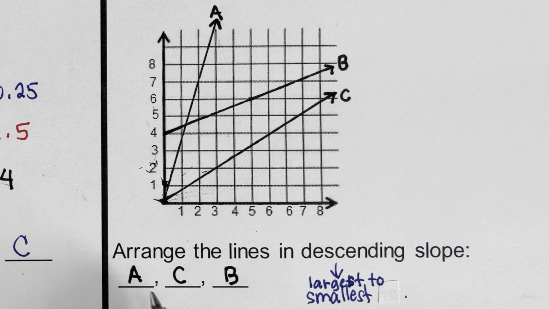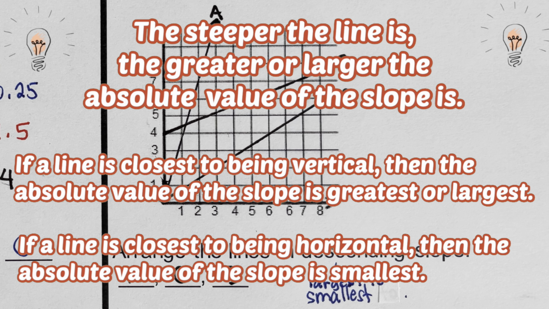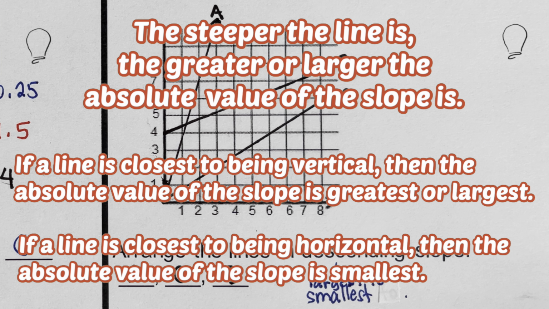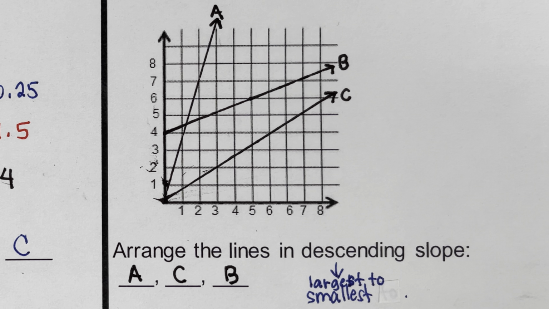Again, we got these answers based on the idea that the steeper the line is, the larger the absolute value of the slope, which means that if a line is closest to being vertical, then the absolute value of the slope is largest. On the other hand, if a line is closest to being horizontal, then the absolute value of the slope is smallest. So using that idea, we can just go ahead and arrange them.